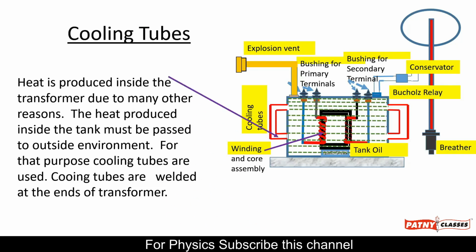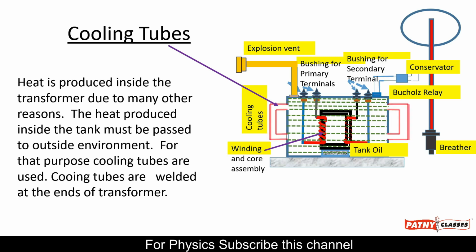Cooling tubes. Heat is produced inside the transformer due to many reasons. Whenever current passes through the coil, heat is produced. We cannot control 100% of the heat produced in the coil. So as the current passes, the coil becomes quite hot. And if you don't cool the coil, there are chances of damage to the coil. The coil will burn itself.